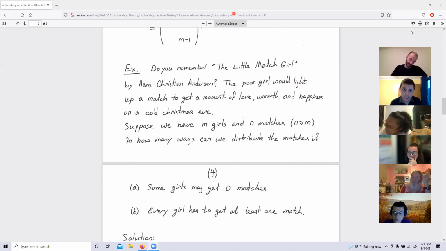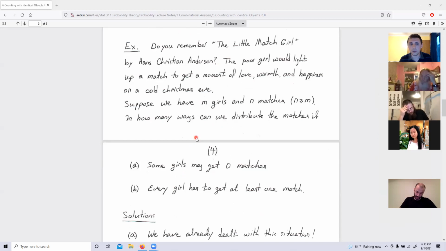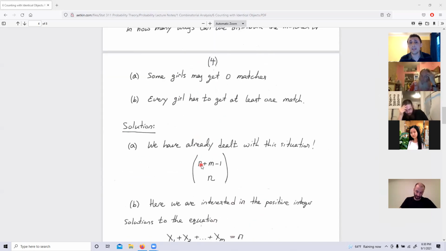Yes. You mean something choose? I see what you're saying. Yes, Ryder. Very good. The answer to this question is the same, obviously, right? It's the same problem as with the toilet paper. So the answer is simply N plus M minus 1 choose N, right? We can have the matches, and in the supermarket, M minus 1 sticks.